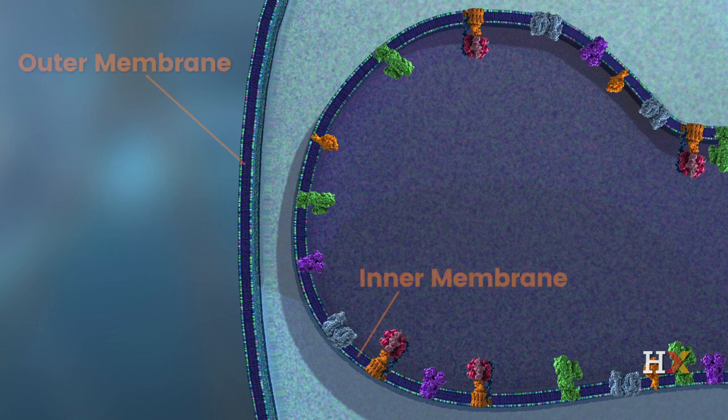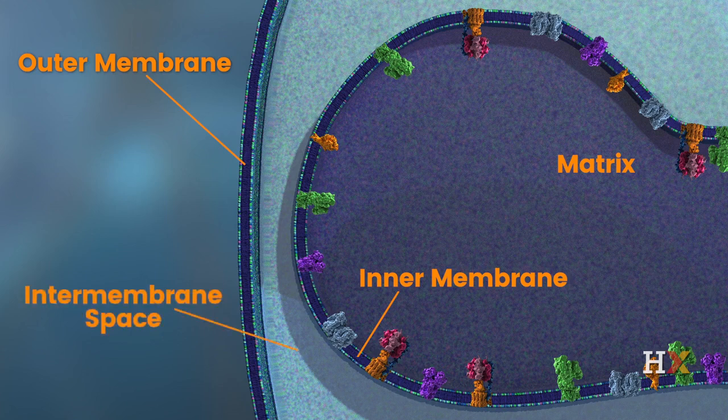The mitochondrion's double membranes establish two discrete and distinctive areas within the organelle. We saw that the matrix is the volume enclosed by the inner membrane, making it the innermost space within the mitochondrion, while the volume between the two membranes is called the intermembrane space.